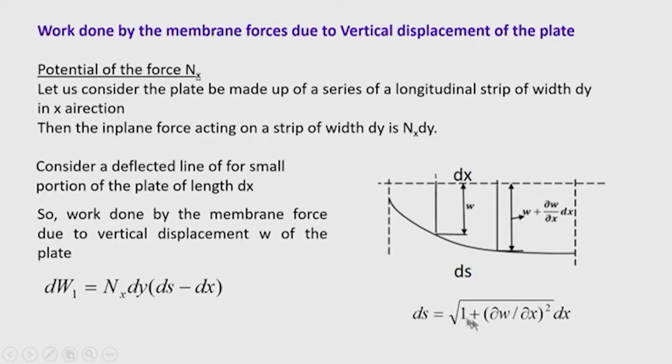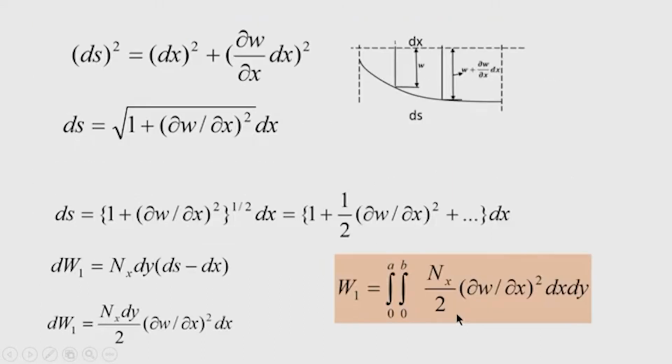So, ds square is the hypotenuse of the small right-angled triangle, equal to dx square, that is the base, plus the height square. The height is del w by del x into dx, this distance, squared. So, this is giving you ds square, which I have shown in my earlier slide also.